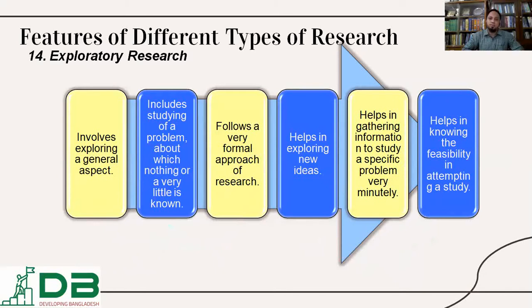Then exploratory research involves exploring general aspects and includes study of a problem about which very little is known, or follows a very formal approach to define a particular phenomenon or cause, or identify the root causes of a particular effect. It helps gather information to study a specific problem very minutely. Therefore, exploratory research is conducted.